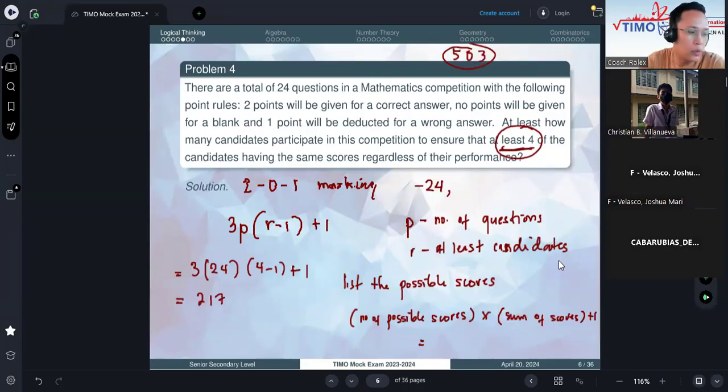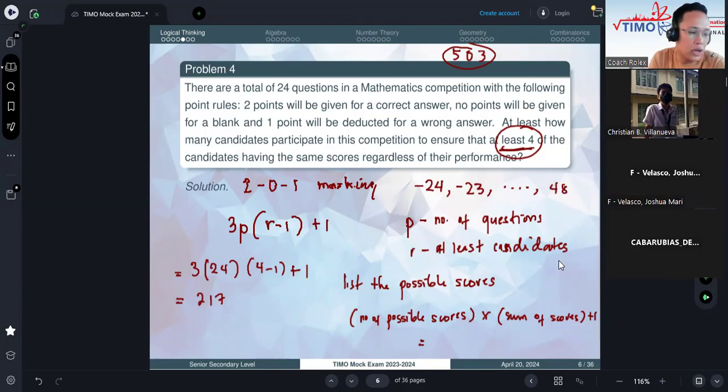Tapos you can have negative 23 if the student answered 23 questions wrong, then 1 blank. And if you have 24 correct answers, you will have 48.